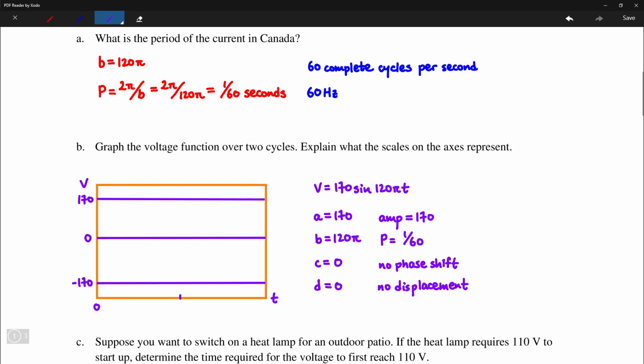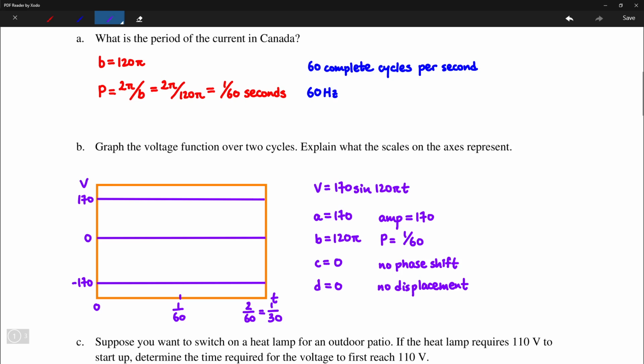So after the first period, this will be 1 over 60 seconds. And at the end, this will be 2 over 60, which is equal to 1 over 30 seconds.